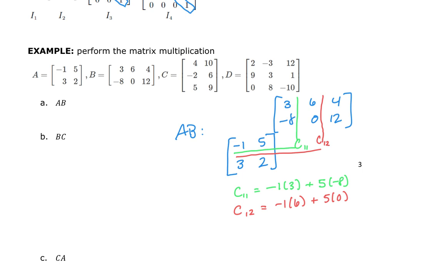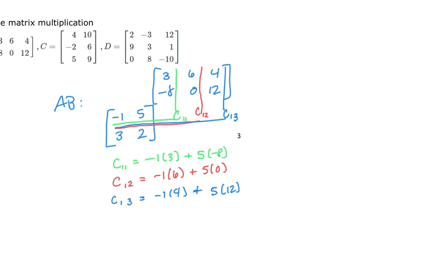I'm going to do my next entry, and I'm going to multiply these two times these two. I'm going to call this C13. So C13 is going to be the -1 multiplied by the 4, excuse me, change that to a 4. And then I'm going to add to it the 5 multiplied by that 12.